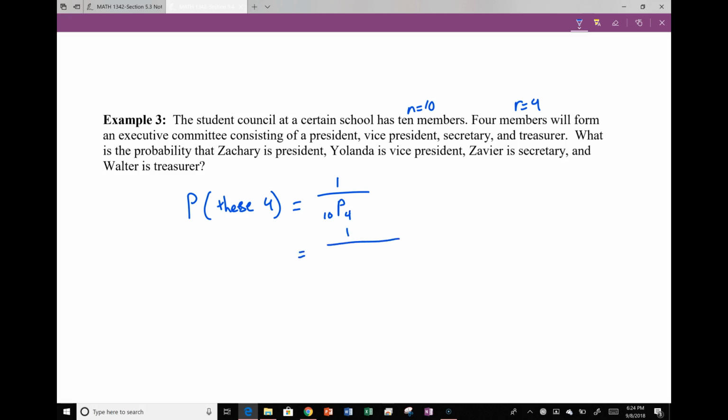So I'm going to take 1 divided by 10 factorial over (10 minus 4) factorial. So 10 factorial over (10 minus 4) factorial. It's going to be 10 factorial over 6 factorial.